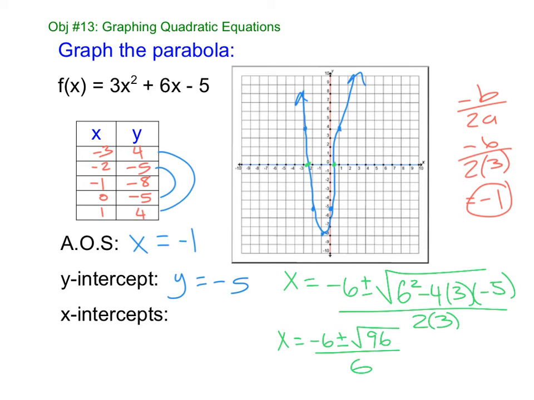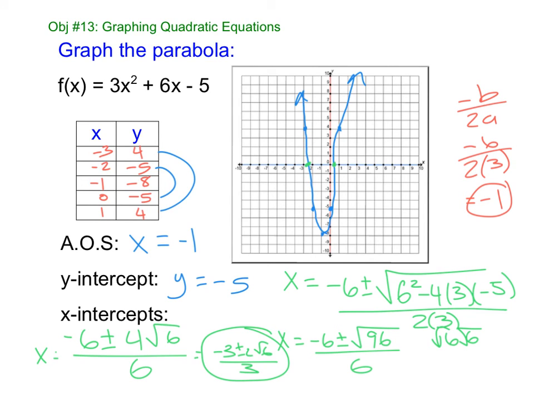We can pull out a 16 there. That's root 16, root 6. So negative 6 plus or minus 4 root 6 all over 6. So we get negative 3 plus or minus 2 root 6 all over 3.